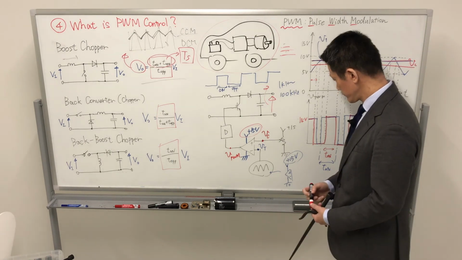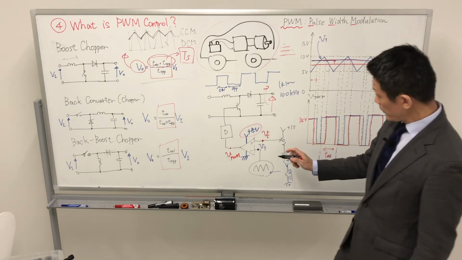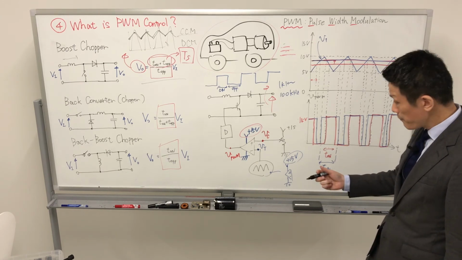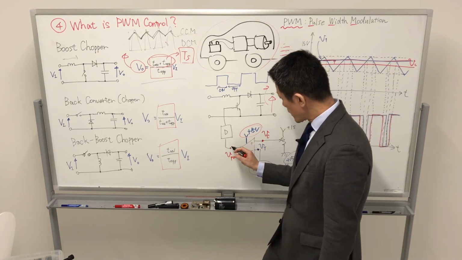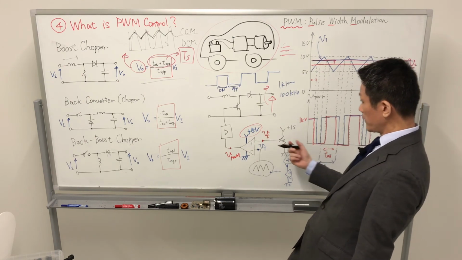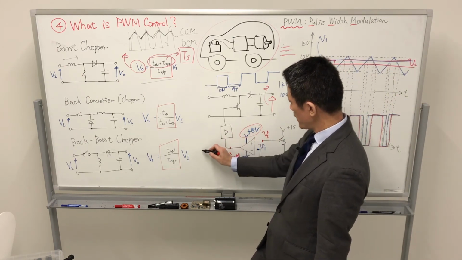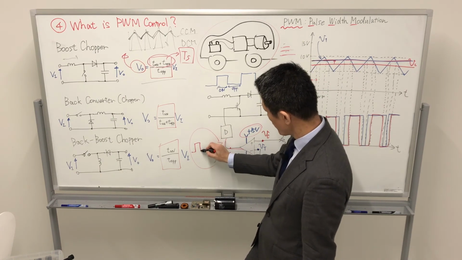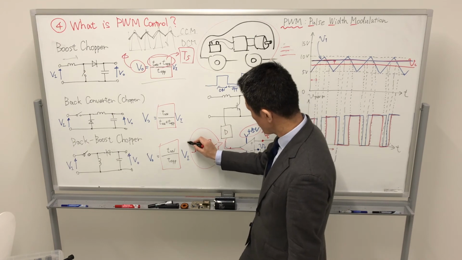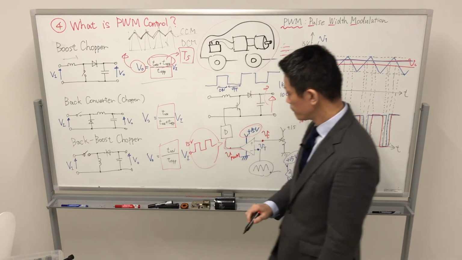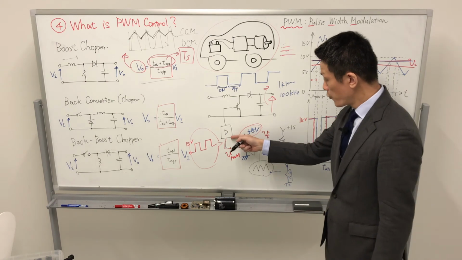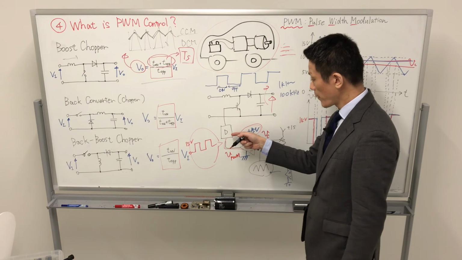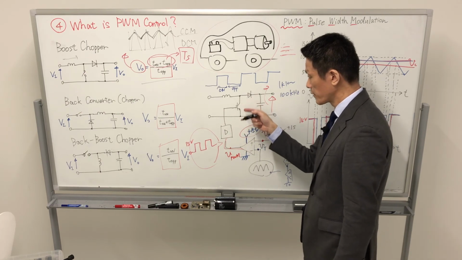However, using the turn on term and turn off term, this line's waveform is the PWM, like this, 15 volt, 0 volt, and it goes through the drive circuit for the power semiconductor devices.